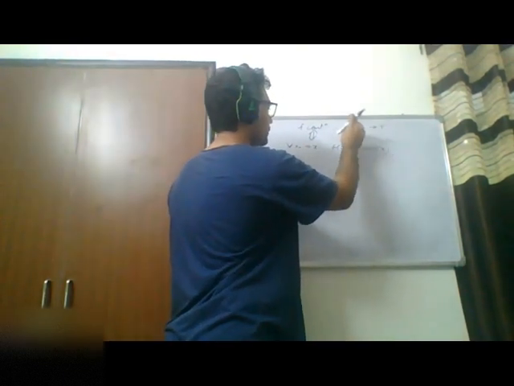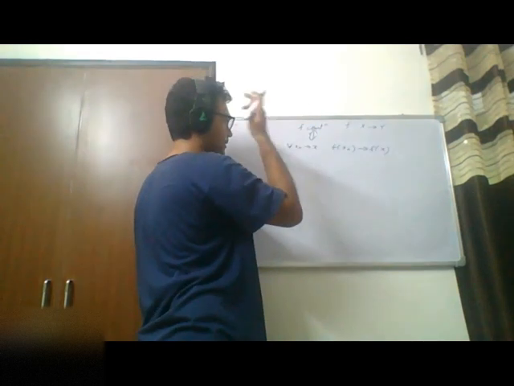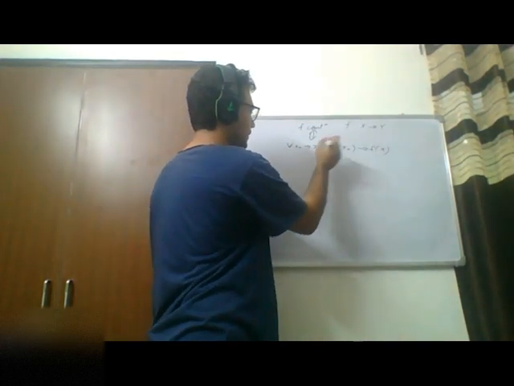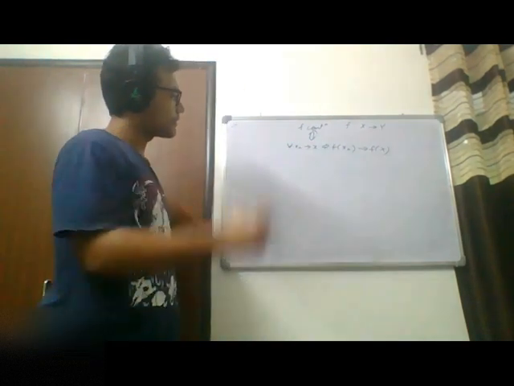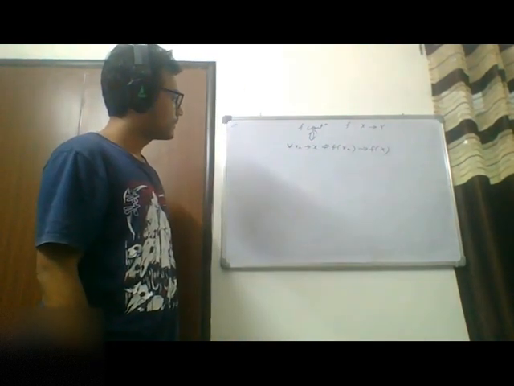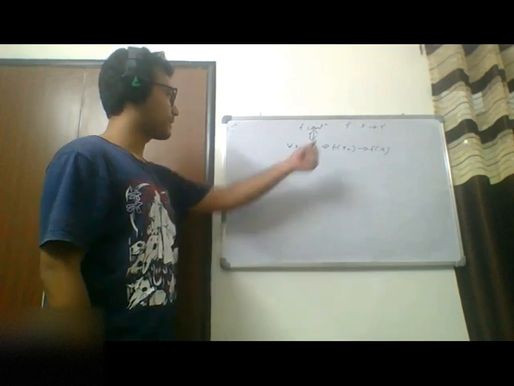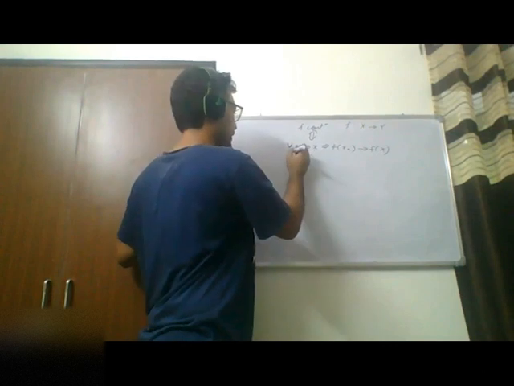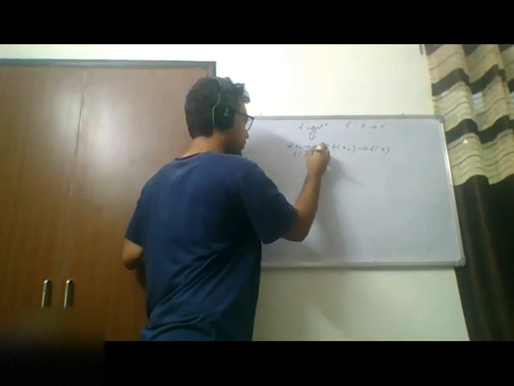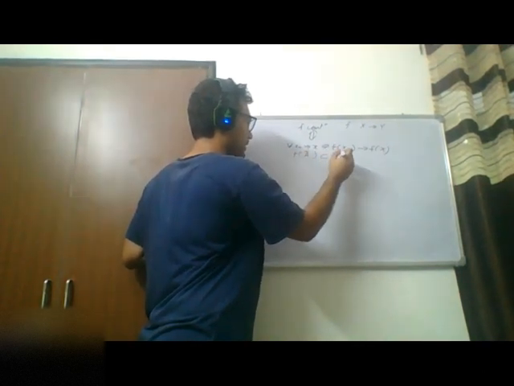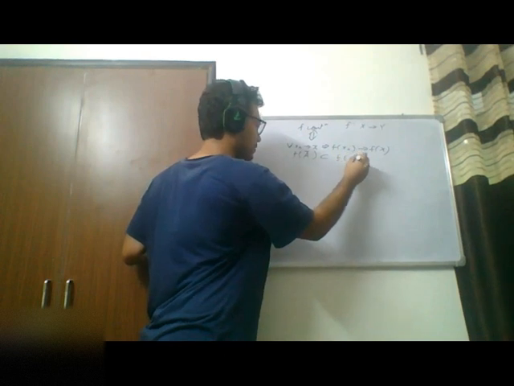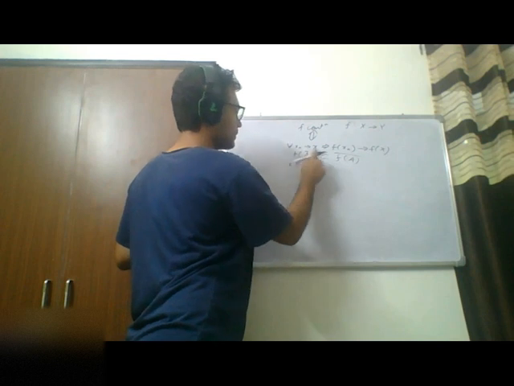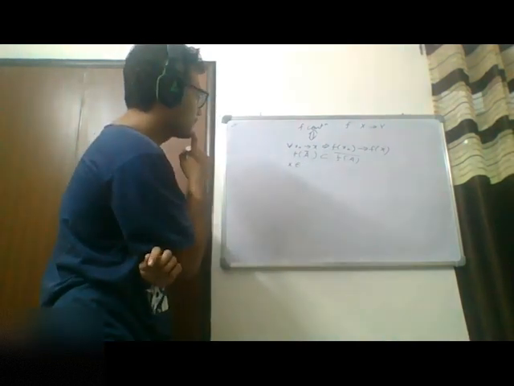Anyways, for the other direction, let's see, xn converges to x implies f of xn converges to f of x. So how do we show that f is continuous given that? This is where the book says that we show that f of a closure is contained in f of a's closure. So let x belong to a closure.